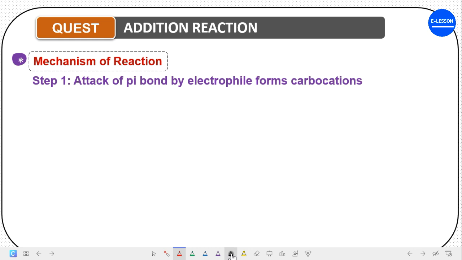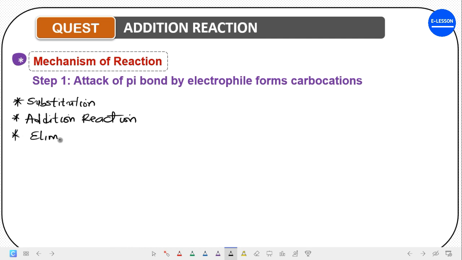Now the three classical organic reactions are the substitution reaction, and then we have the addition reaction, we have elimination reaction.